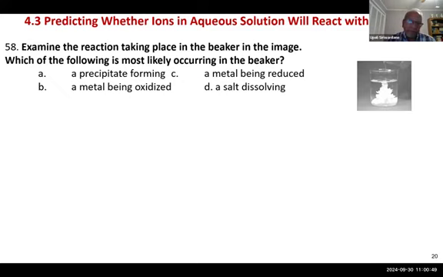Metal is not white powder. Salt is not dissolving. This is adding two solutions. This is most likely a precipitate forming. A.